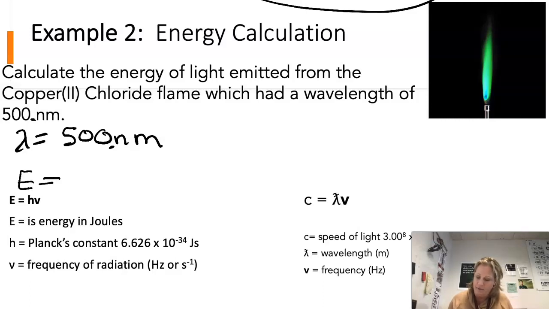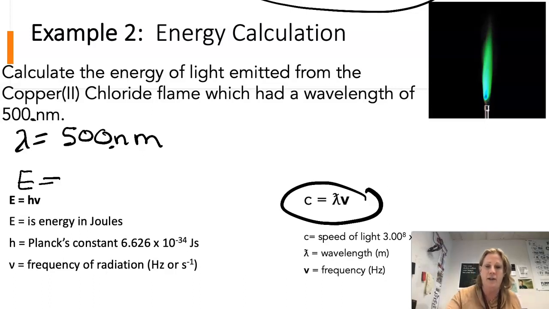So we are going to have to use the equation, the speed of light equals the wavelength lambda times nu, and solve for frequency. Then we can plug in using Planck's constant to get the energy. I'll let you try that one, and you can pause the video and check it in just a second.